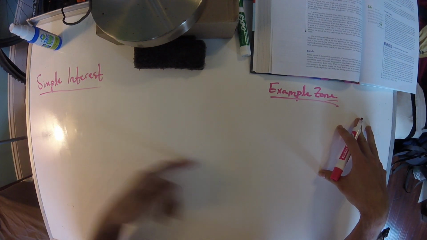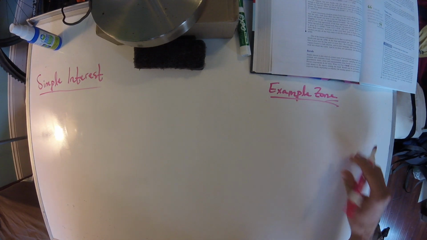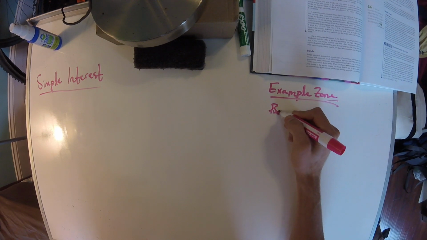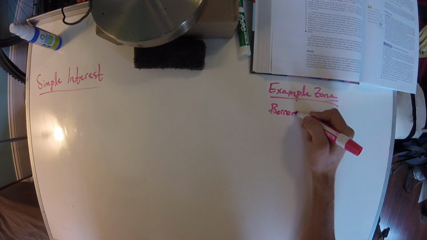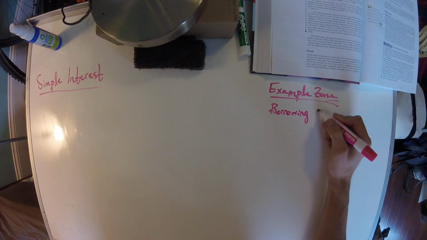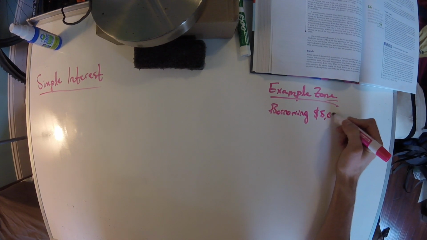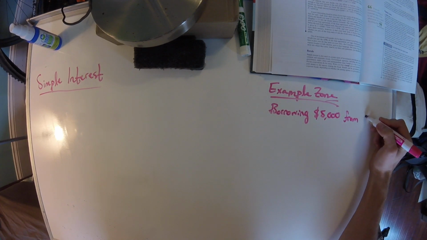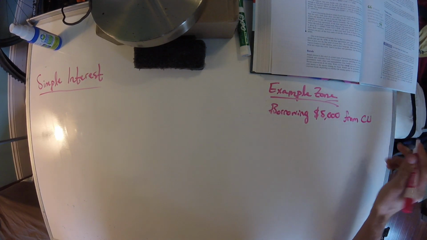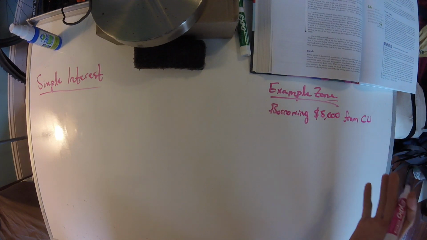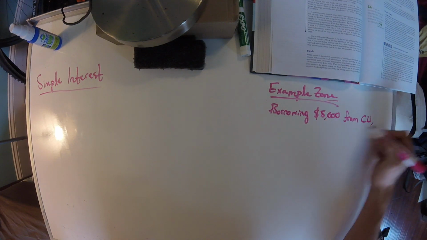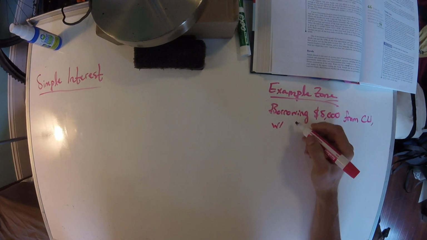So, moving forward, I'm going to just lay out an example, as I always do, and then define some terms and kind of point to how they relate to the example to the right here. The example will be that you are borrowing $5,000 from a credit union, which I'll abbreviate as CU, in the form of a student loan, where it has an APR of 6%.